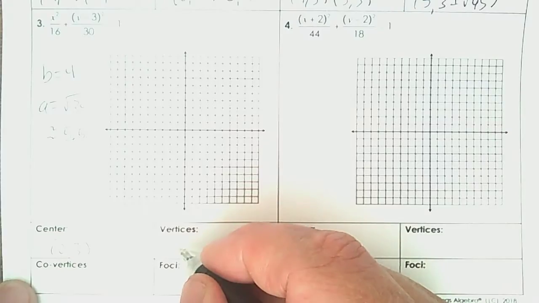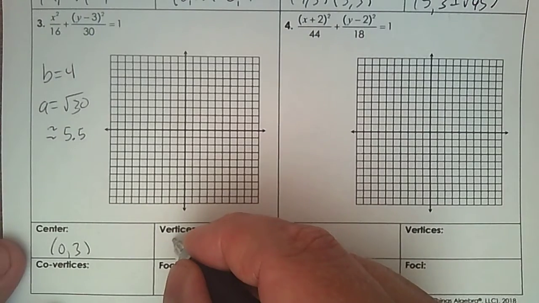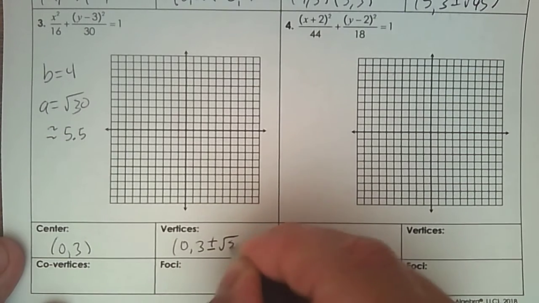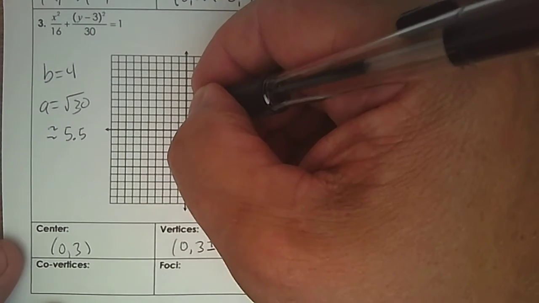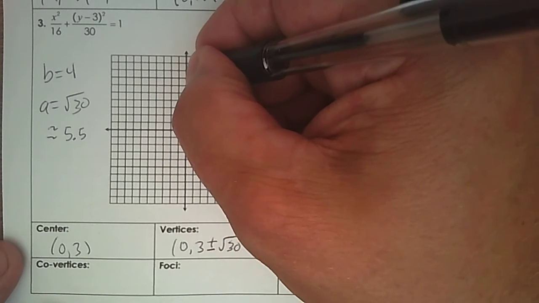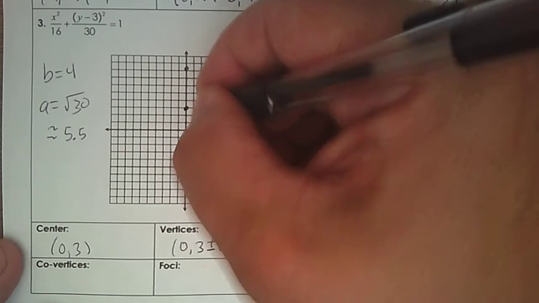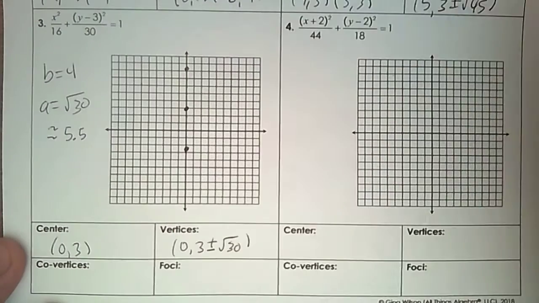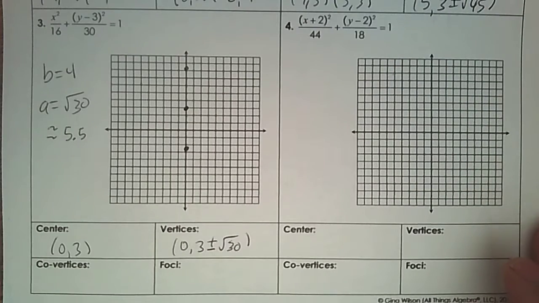So my major vertices, the exact answer, are along the y coordinate. So 0 stays the same, but to 3, I'm going to add and subtract root 30. So let me find 0, 3. Then I'm going to count 1, 2, 3, 4, 5, and like a half, and go down 1, 2, 3, 4, 5, and like a half, and I have the ends of my major vertices.